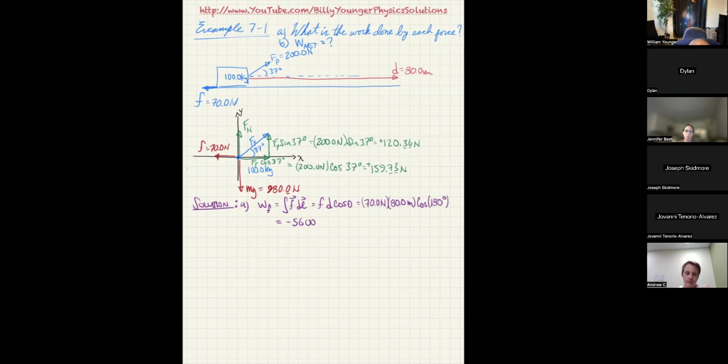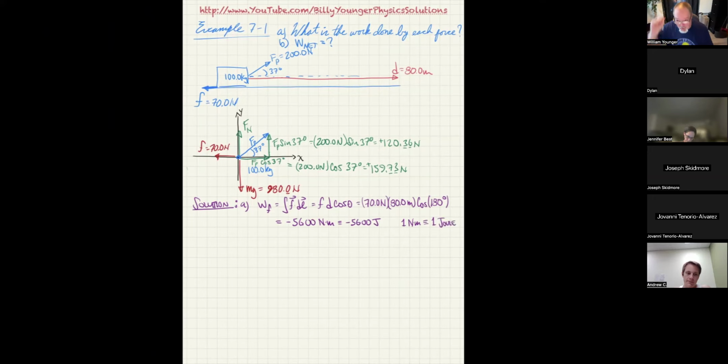What we get is a newton times a meter, which is defined to be a joule. So 1 newton times a meter is defined to be 1 joule.